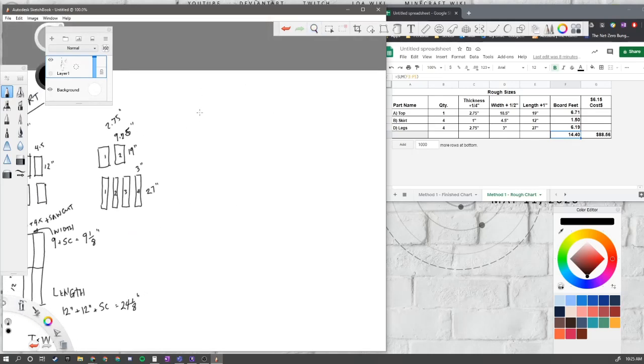So the tabletop is going to end up being like this. That's part 1, that's part 2. We know that they're 19 inches long, and they are 9 1/4 inches wide. Okay, and then we have our leg and our other leg, and then 2 more legs.